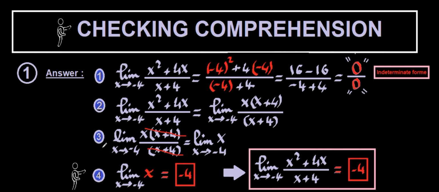Step number 3. We simplify the numerator and the denominator by x plus 4. Step number 4. We substitute the value minus 4 in the expression x to get the limit minus 4. Finally, the limit as x approaches minus 4 of the expression x squared plus 4x divided by x plus 4 is equal to minus 4.